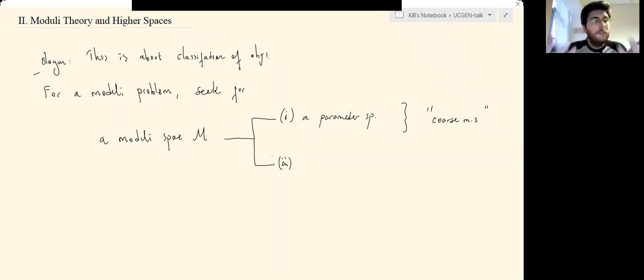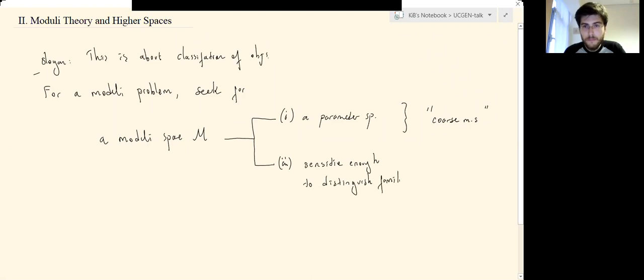But in general, we are looking for a space fine enough to classify not only the objects themselves, but families of objects. Therefore, the second property should be that the space is sensitive enough to distinguish families of objects.